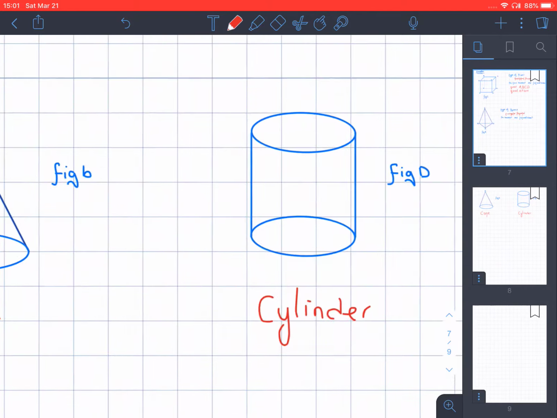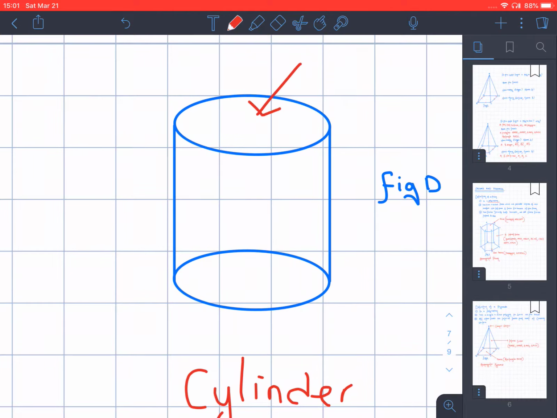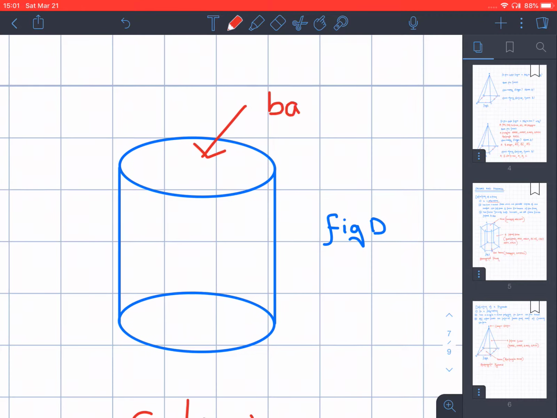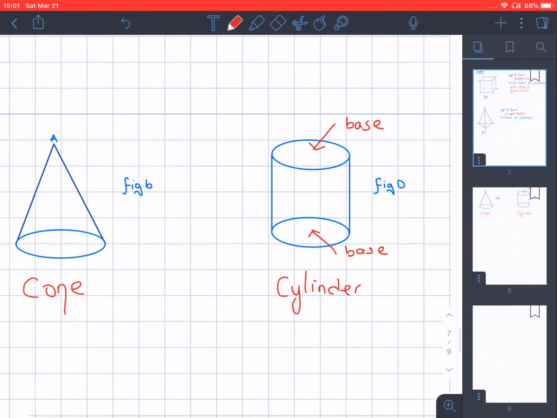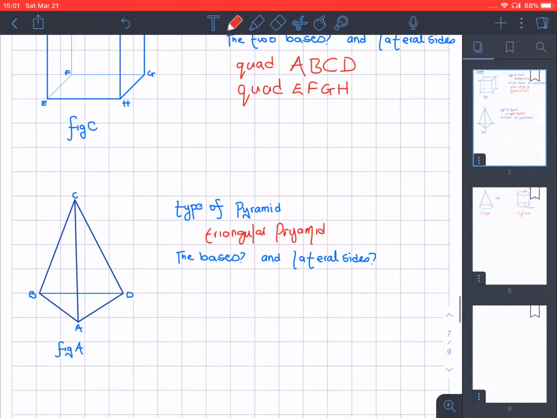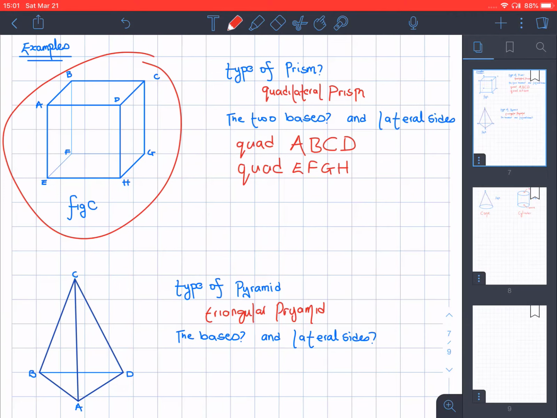We can call the top of this cylinder a base, and the bottom a base too, because that's very similar to how we would call a box, like figure C: a flat surface at the top and a flat surface on the bottom, and then sides.